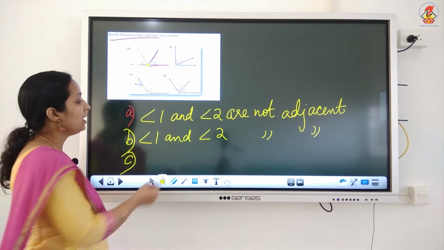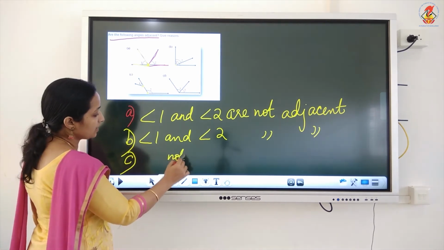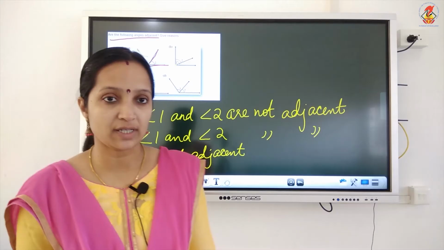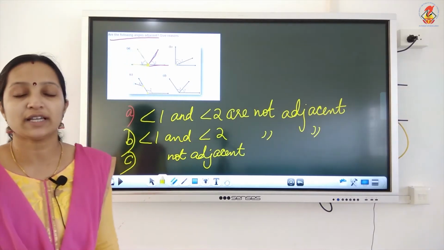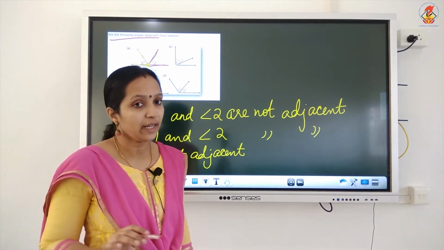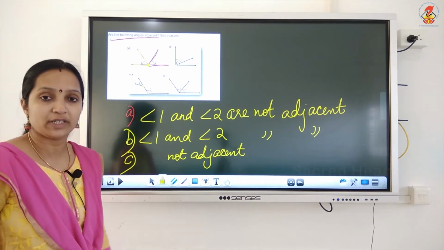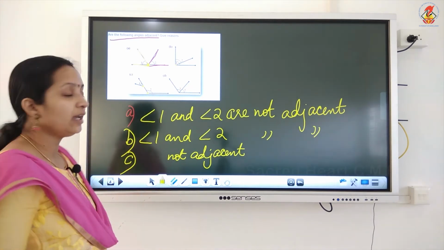So, we can say they are not adjacent. What is the reason? They don't have a common vertex. If any one of the conditions is not satisfied, the angles are not adjacent.